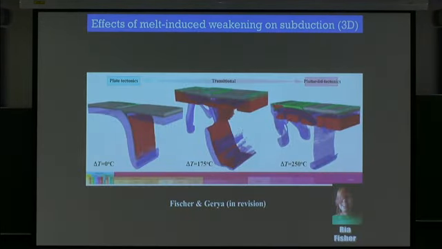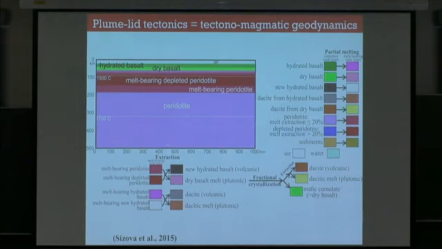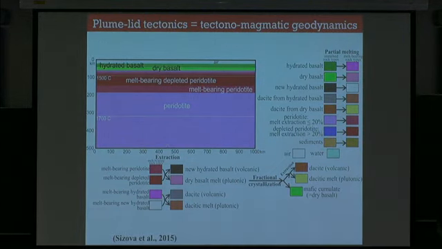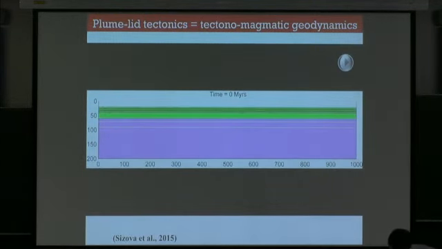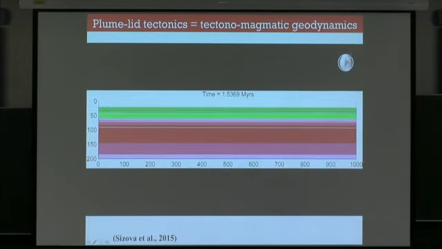Also, it holds in 3D: an increase in temperature, an increase in the intensity of this magmatic weakening of the lithosphere, changes the regime quite entirely, and then it forms something that looks more like plume-lit tectonics. I will run for you, at least part-time, one of the tectonomagmatic models, if it runs.